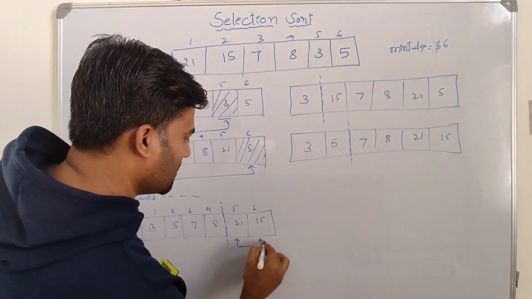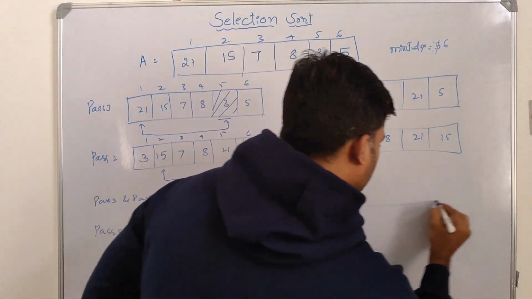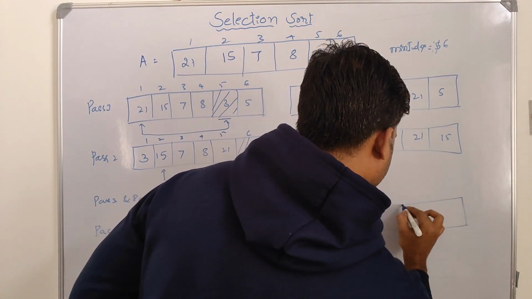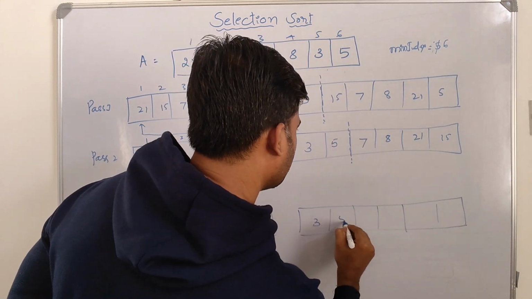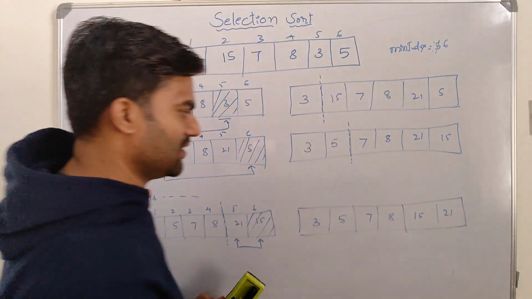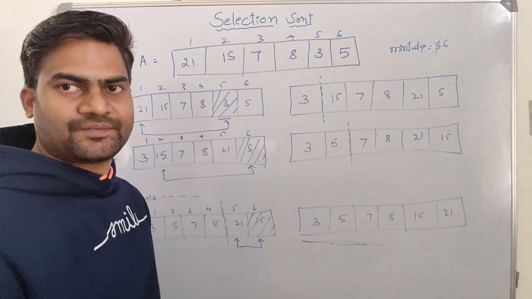So I will simply swap that. So my final output at the end of the 5th pass, I get 3, 5, 7, 8, 15 and 21. So this is our sorted array.